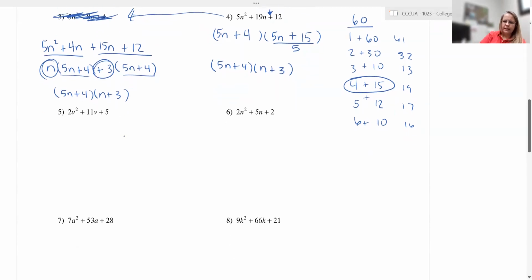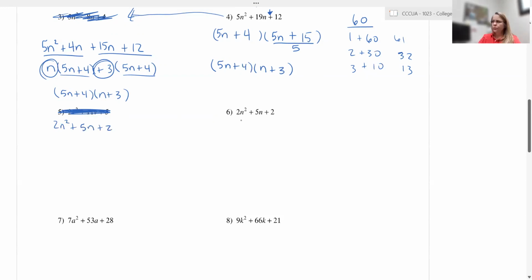Let's go down here and do number 6. And again, I'm going to do them side by side. So the one on the right, I'm going to drop down with my 2 sets of parentheses. I know I've got a plus and a plus because this tells me the signs are the same. This tells me that they're both positive. And I'm going to come down with 2n, 2n.